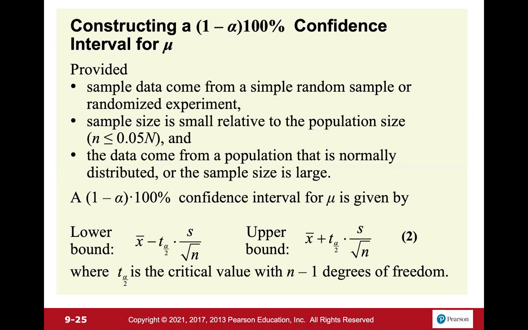With that, we have our margin of error. For all of these, we're always going to have a margin of error. We always have our point estimate, our sample data. We have our margin of error that we're going to either add or subtract, and that's going to give us our confidence interval. The margin of error is our critical value times our standard deviation, where the standard deviation is the sample standard deviation s divided by the square root of n.